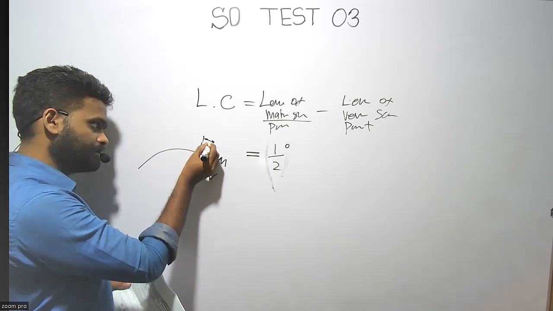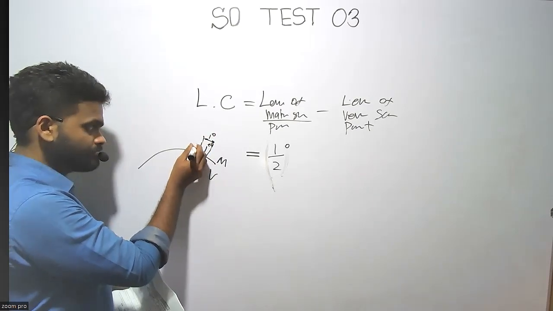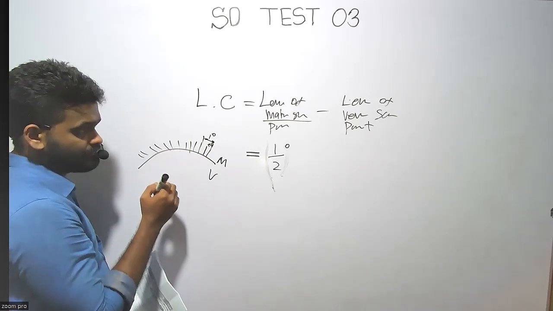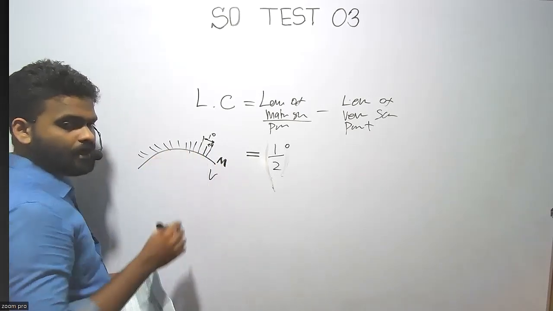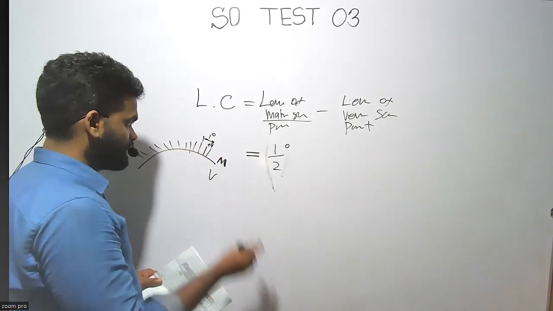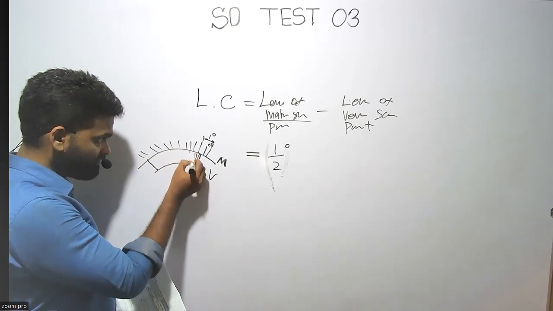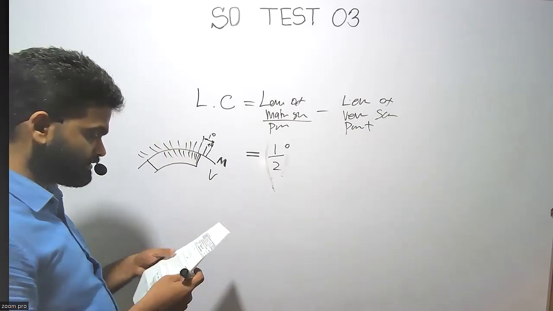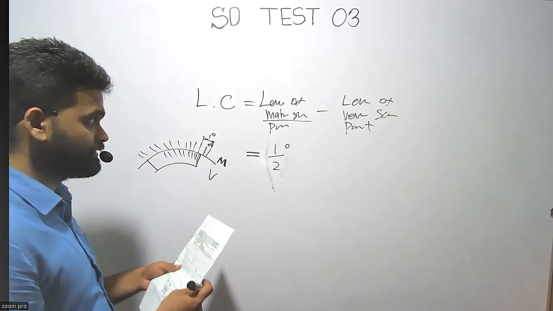This whole thing is 1 degree, but it also is divided into 2 parts. There are parts like this, half degree parts. So the angle of one part is half a degree. Then there's a vernier scale here, right? It is similar to the previous questions. The only difference is it is circular now. There's no other difference.